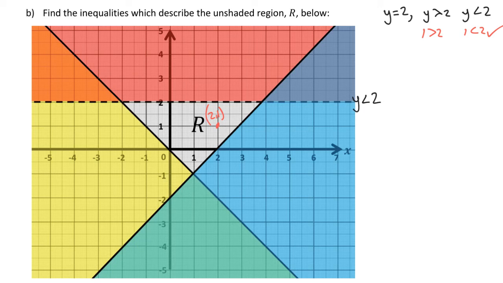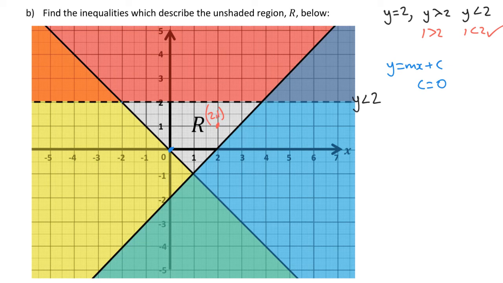If we then consider the diagonal line going down the way, it's a straight line and it's going down, so that means it's going to be of the form y equals mx plus c. And that's because it's a diagonal line. What we can see is that it crosses the y-axis at 0, so that means that c is 0. And we need to work out the gradient.